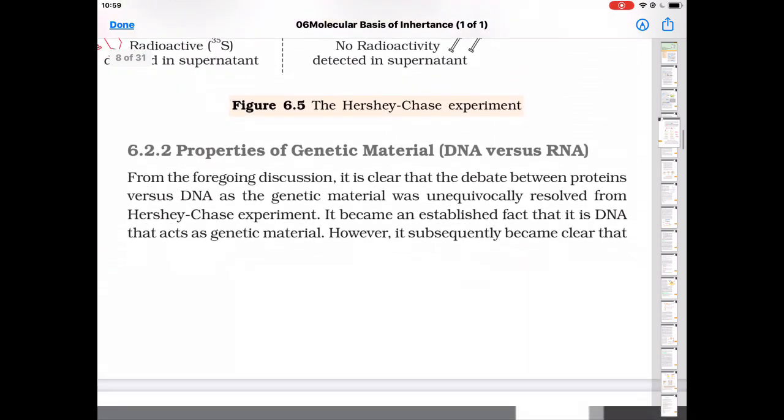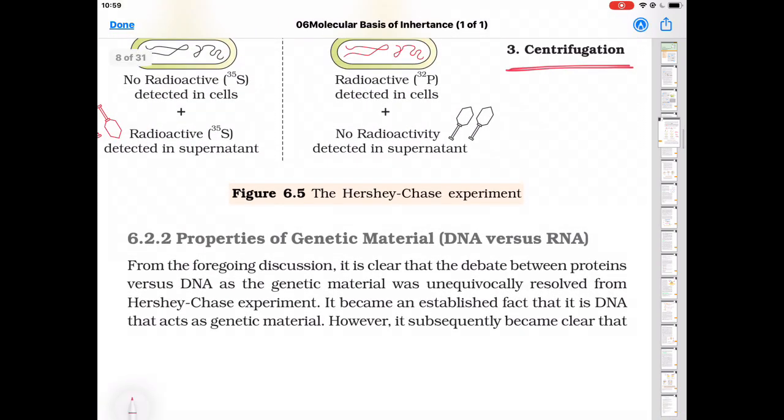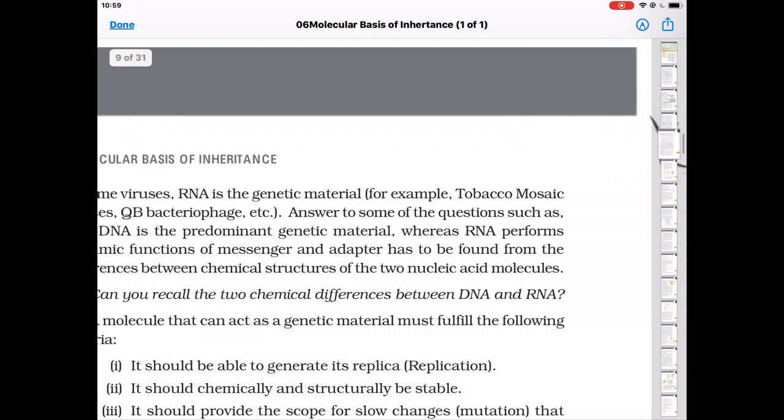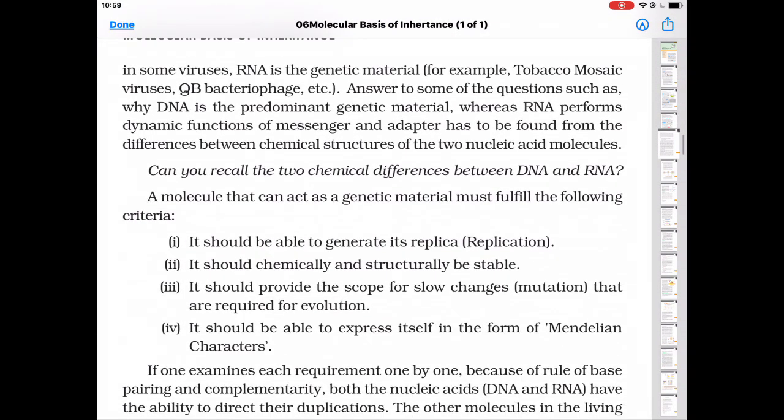Next, what are the properties of genetic material, that is, DNA versus RNA. A molecule must have the following properties to act as a genetic material. First, it should be able to replicate. Second, it should be chemically and structurally stable.